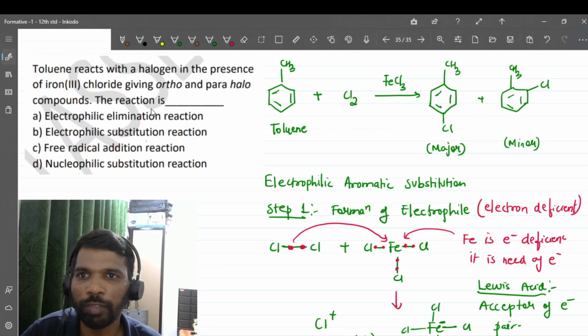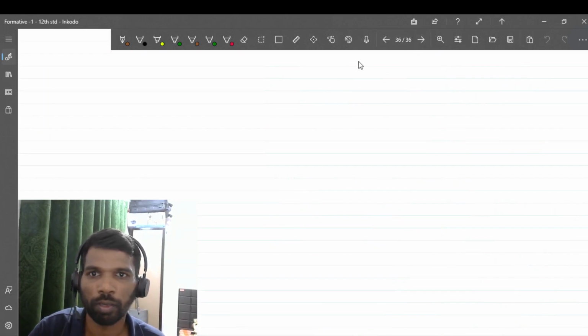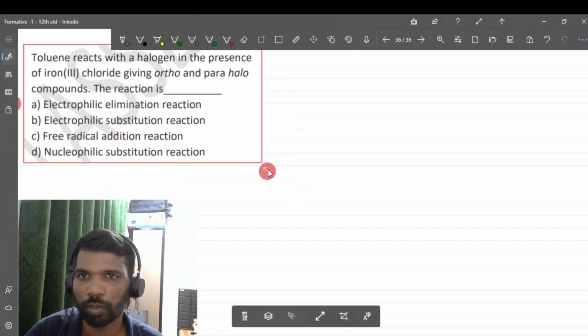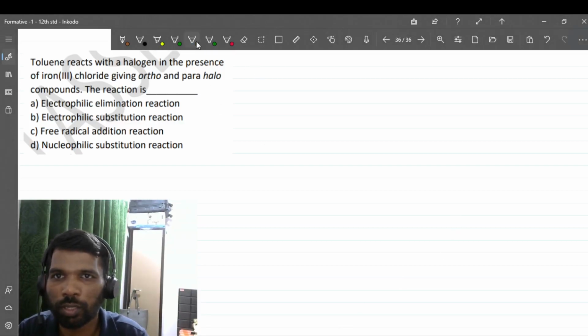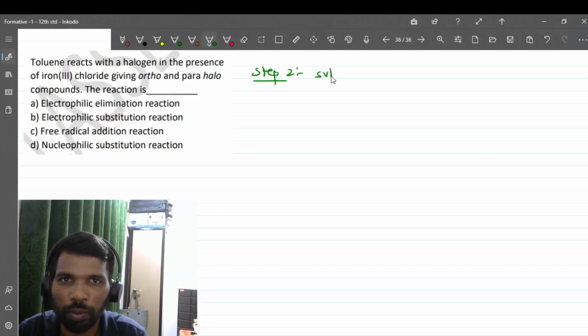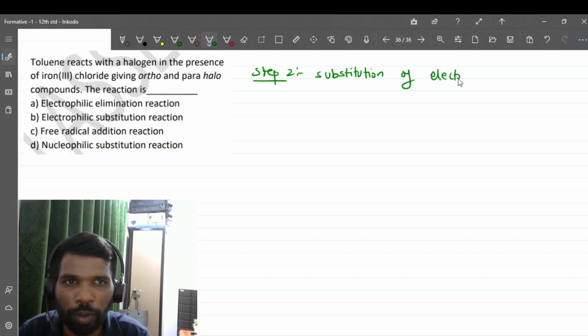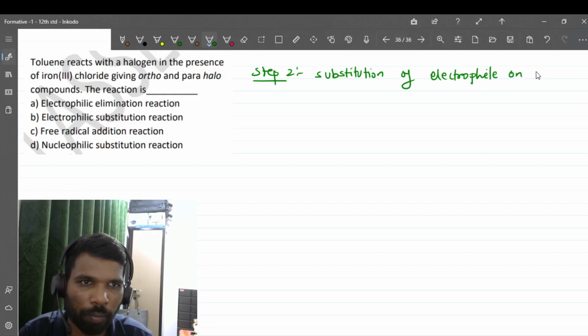We'll copy this question here. Next, step 2 is substitution of the electrophile on toluene.